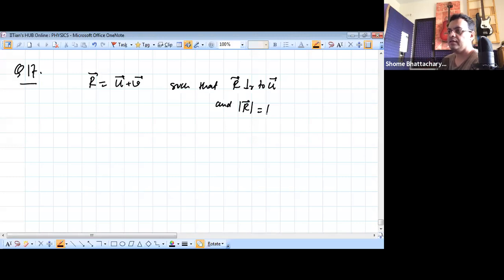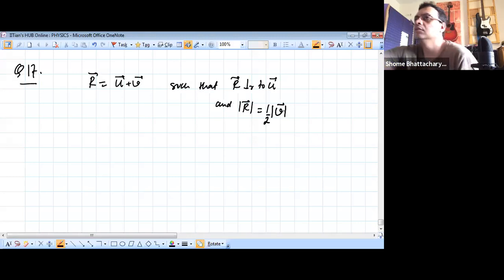So just draw a vector triangle, it will be very easy. Just a second. You just draw a vector triangle here.